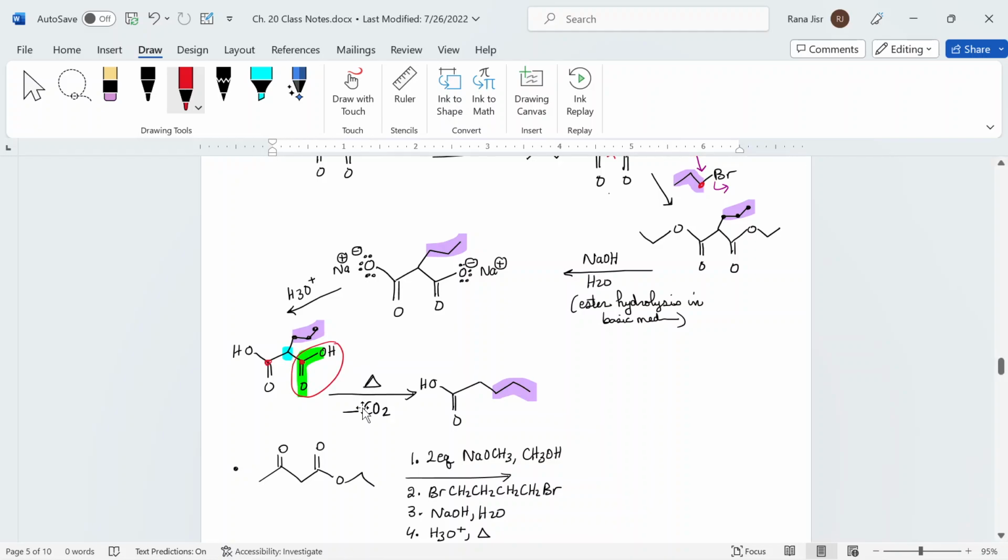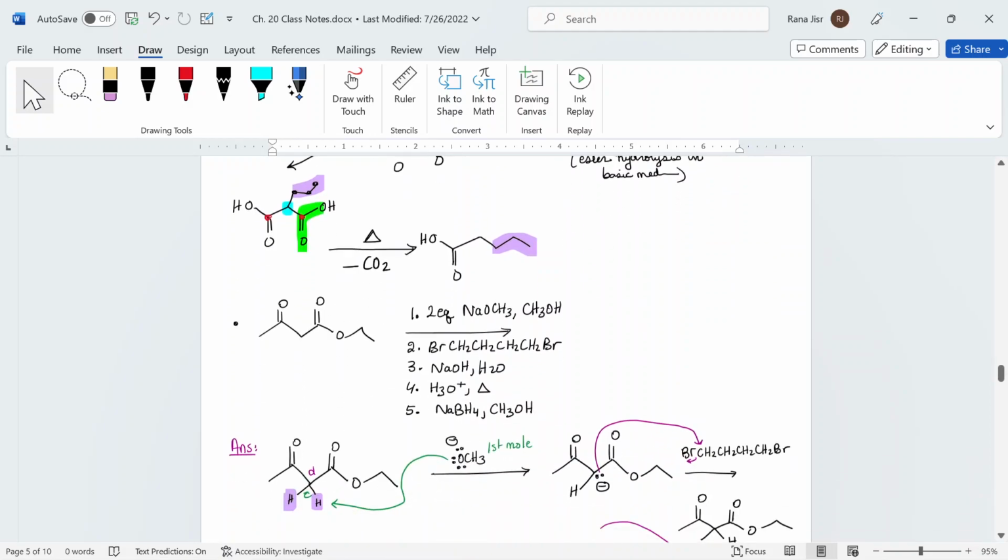In this case, I would lose CO2, carbon dioxide. So you're going to lose carbon dioxide, and the hydrogen that is remaining over here will add to this carbon, and you are going to end up getting your product.